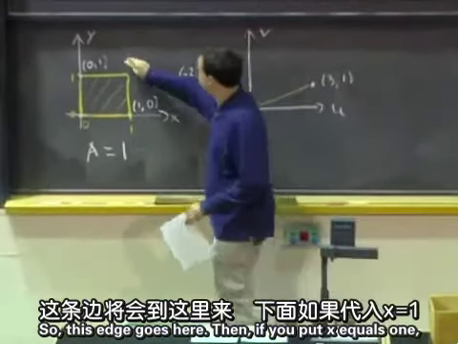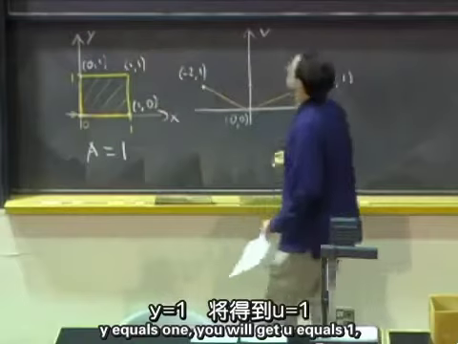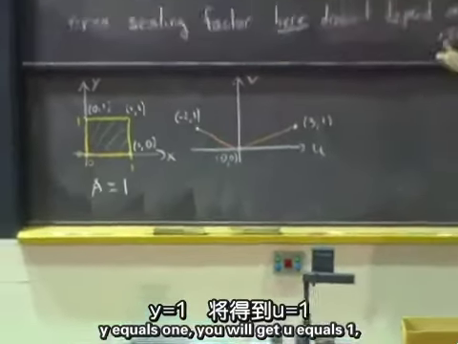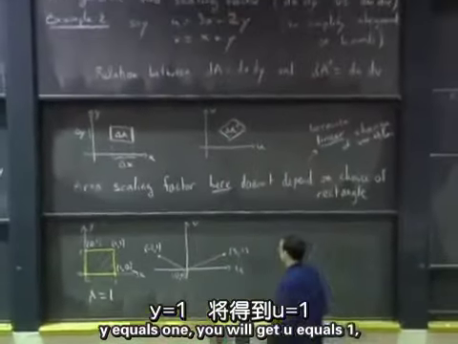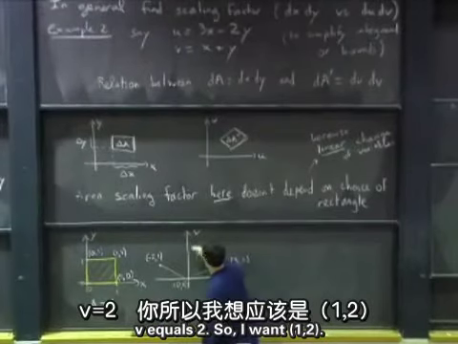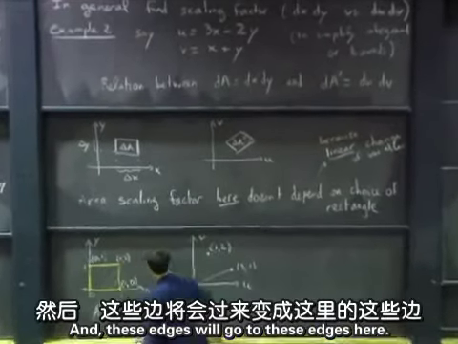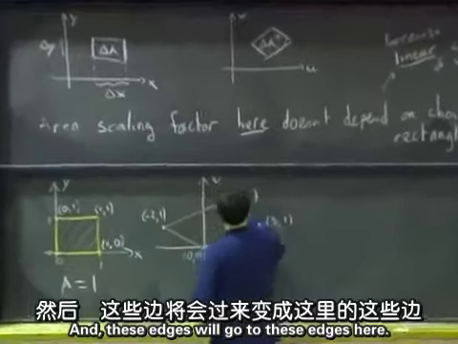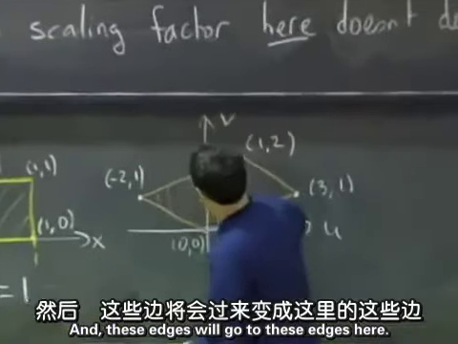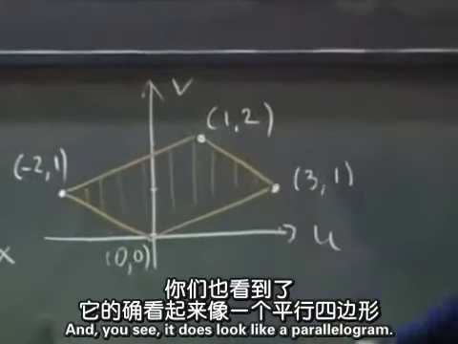Then if you put x equals 1, y equals 1, you'll get u equals 1, v equals 2. So I want 1, 2. And these edges will go to these edges here. And you see it does look like a parallelogram.